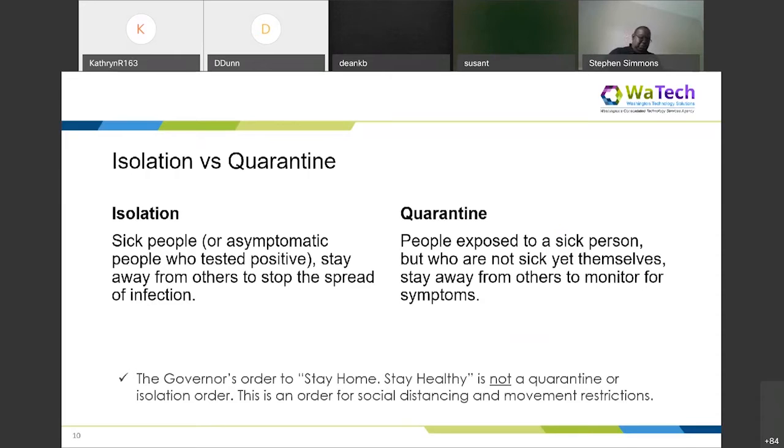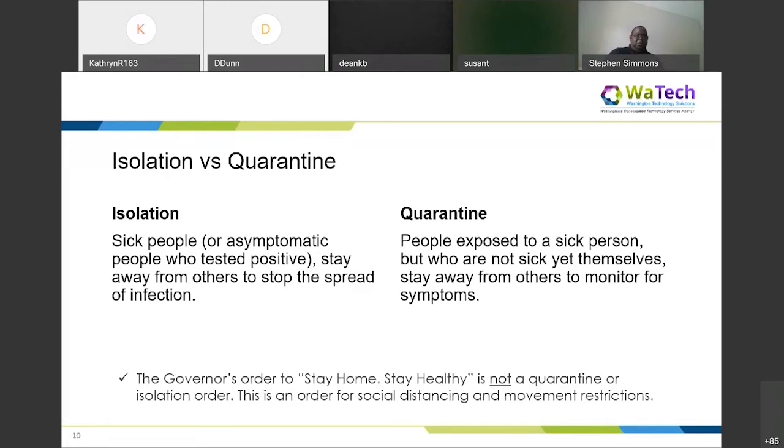So the difference between isolation and quarantine is that if somebody has actually tested positive, and even maybe is asymptomatic, which means they're not displaying symptoms, they're told to stay away from others to help stop the spread of the infection. For people that have been exposed, they are just told to stay away and monitor their symptoms.